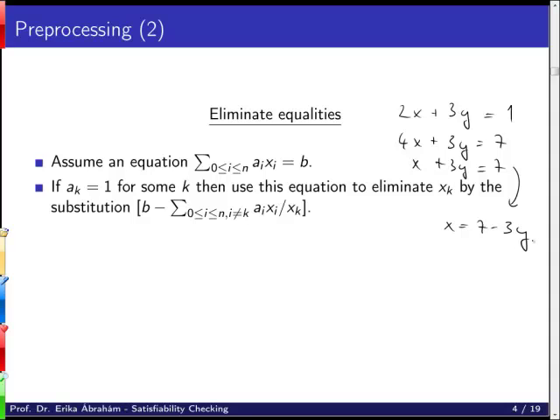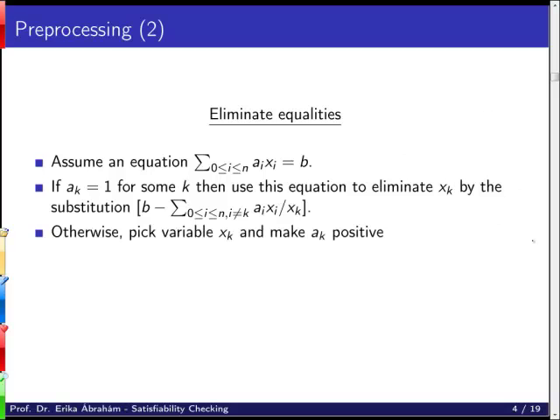But if we have such an equation where you do not have coefficient 1 for any variable, then it is not trivial to do this. And for that there is a trick. We pick one variable and make its coefficient positive.